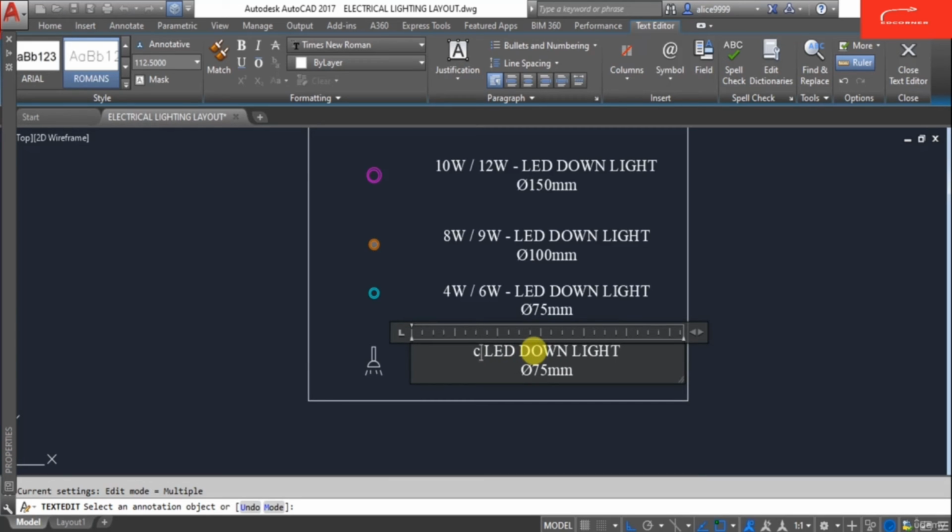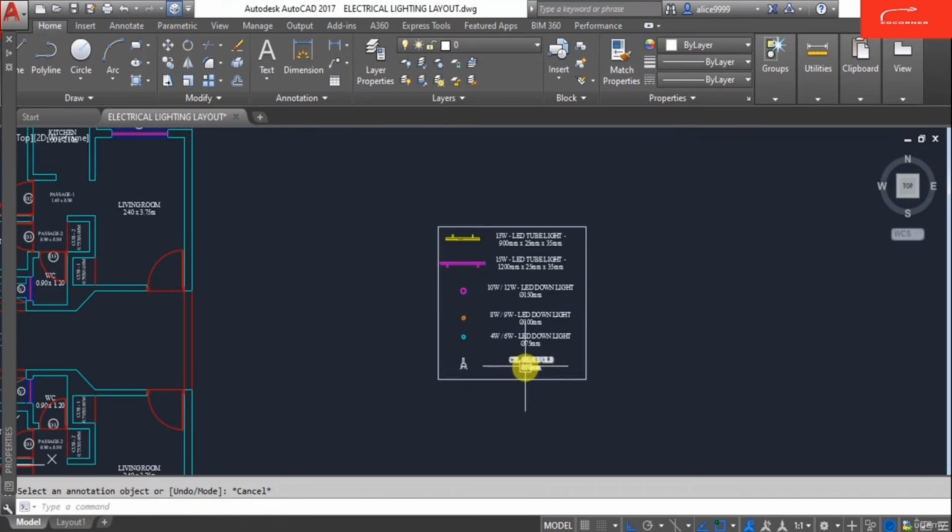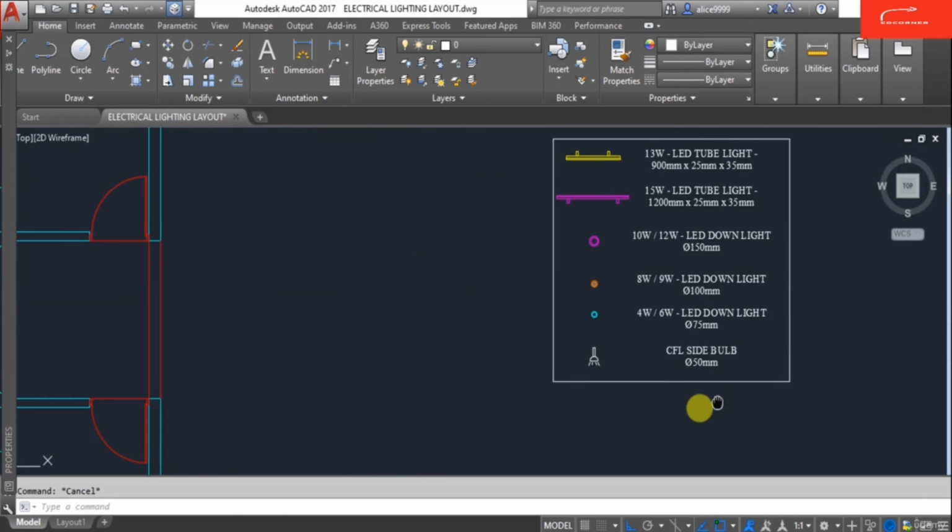This is the standard CFL side bulb for the wall.